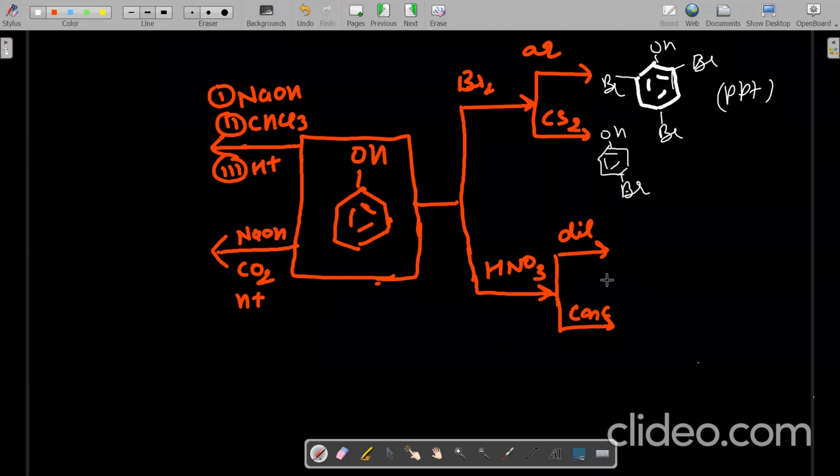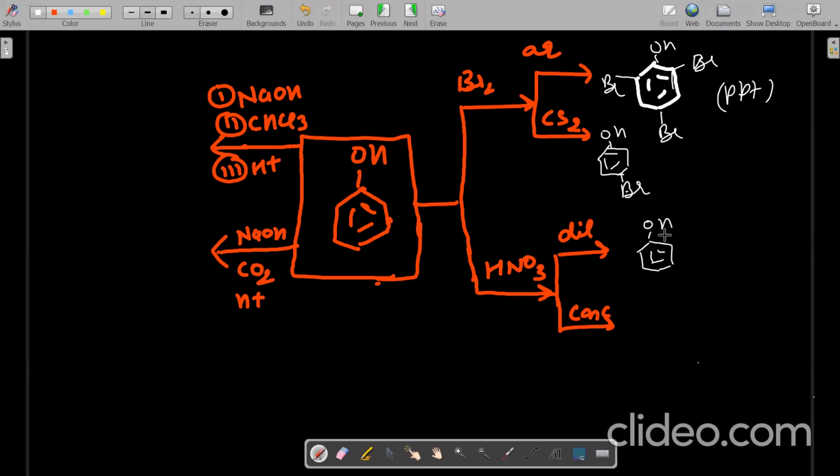Okay, major. Same for dilute HNO3. What two products do we obtain? Para-nitrophenol and ortho-nitrophenol. They can be separated by which process? Steam distillation method.